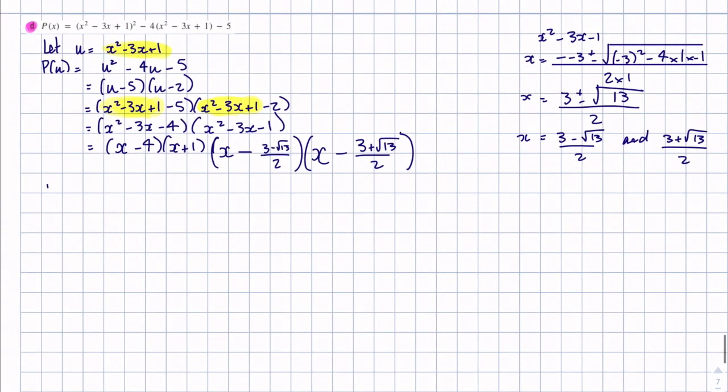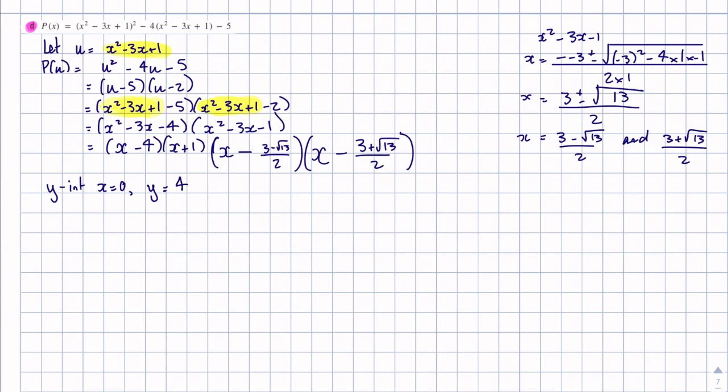Okay, now y-intercept. X equals 0, y equals negative 4 times negative 1, positive 4.